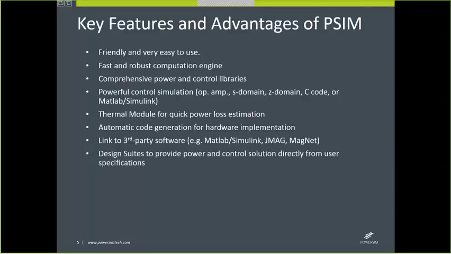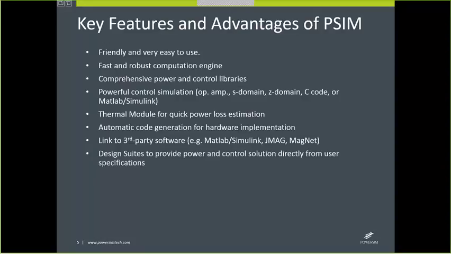You can simulate control with op-amp equivalent circuits, S-domain blocks, or in the digital domain with Z-domain transfer functions. You can put in some C code. There's a runtime compiler. We've got a thermal module for quick power loss estimations, which is based off data sheets, and it also considers heat effects on the junction. We generate code for hardware implementation.